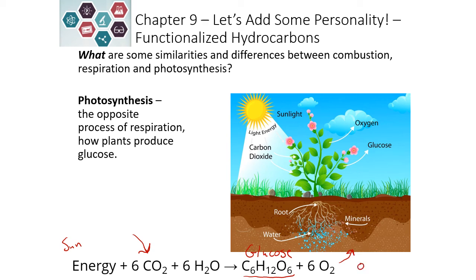Okay, so this is the opposite of respiration that we just looked at. Okay, so we use that glucose and oxygen to give ourselves energy. Plants, on the other hand, through photosynthesis, they take energy from the sun, carbon dioxide and water from the atmosphere, and they produce glucose in their cells.